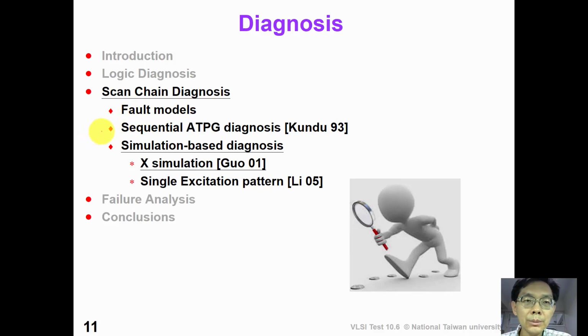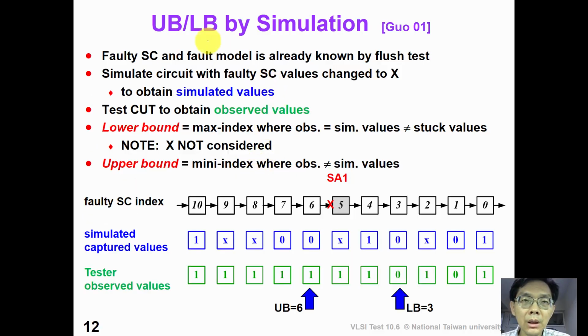Since sequential ATPG may not be useful for large circuits, now let's move on to simulation-based diagnosis. We will introduce the technique of X simulation proposed by Intel in 2001. In this technique, Guo proposed to use X simulation to identify the upper bound and the lower bound of the fault.